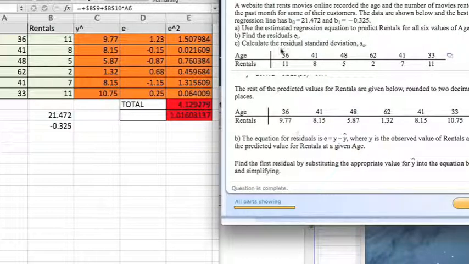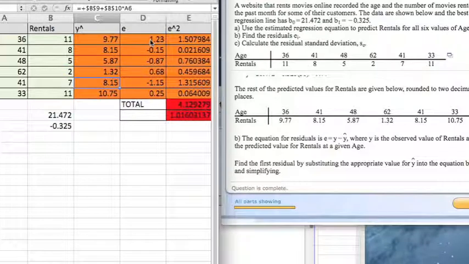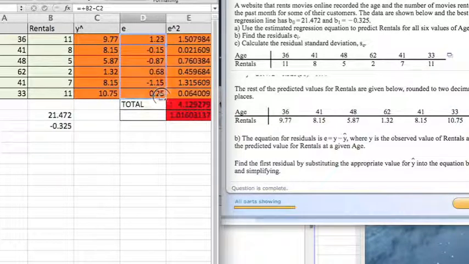So the next thing we want to do is to find the residuals. So that's the actual y minus the estimated y, and that's done pretty simply here. I'm subtracting the estimated y from the actual y, which is being done here as B2 minus C2, and again I copied this formula down to all of these cells.